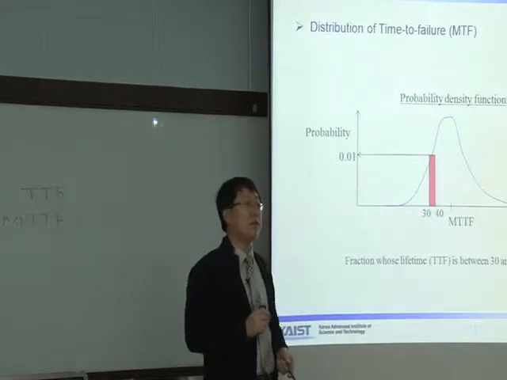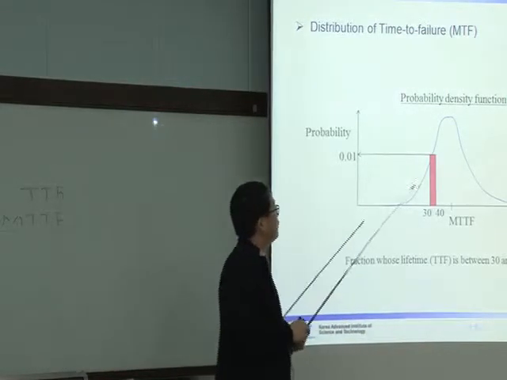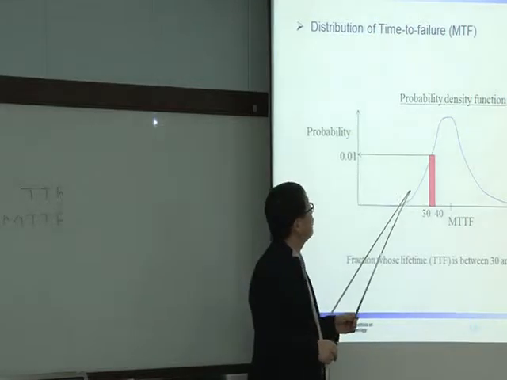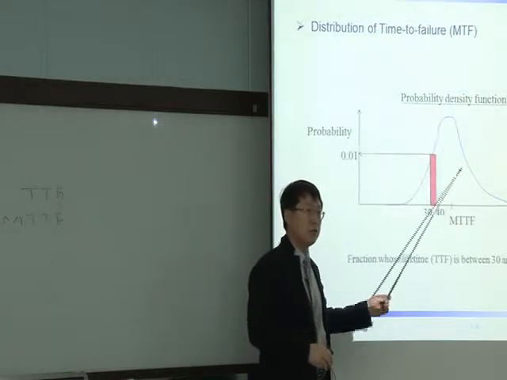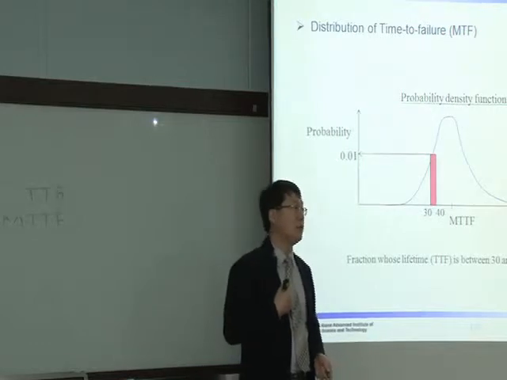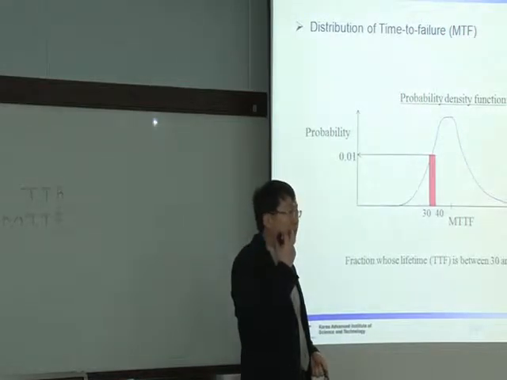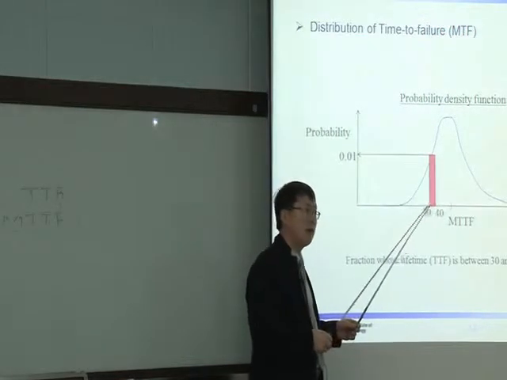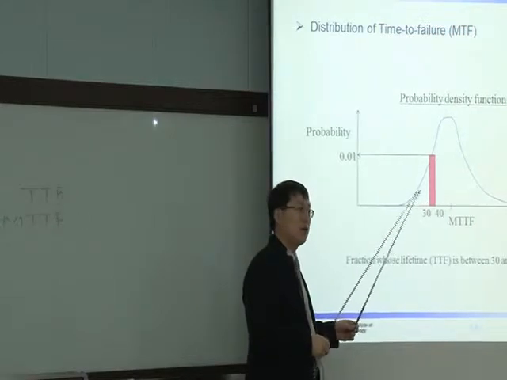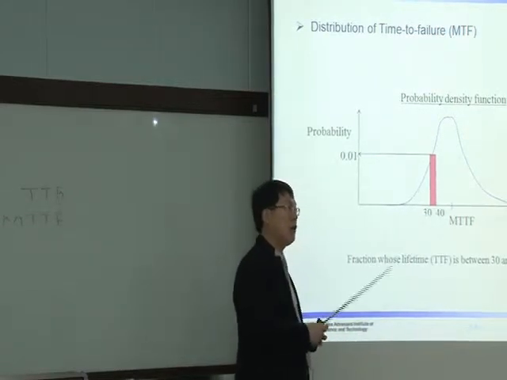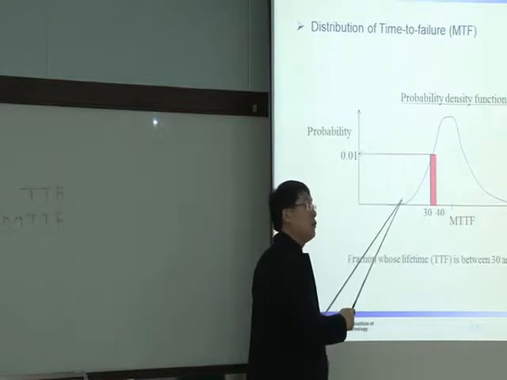Here is a graphical representation. This is the probability density function of men. I'm here, around 40. So we may have a kind of distribution function.